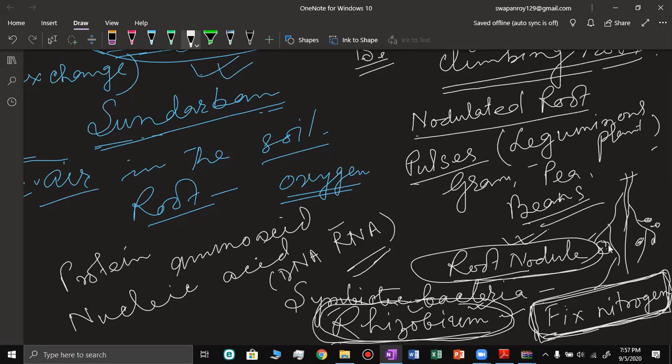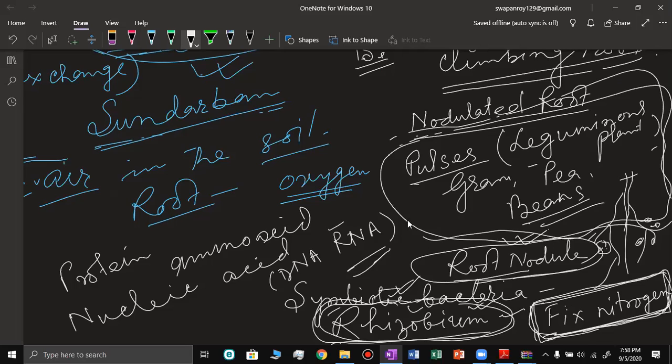Fixing nitrogen means changing the atmospheric gaseous nitrogen into compounds of nitrogen which can be utilized by the plants. This way it is helping a lot, and that's why cultivating the pulses in the field increases the fertility of the soil. So the farmer should cultivate this leguminous plant alternately or frequently in their field.